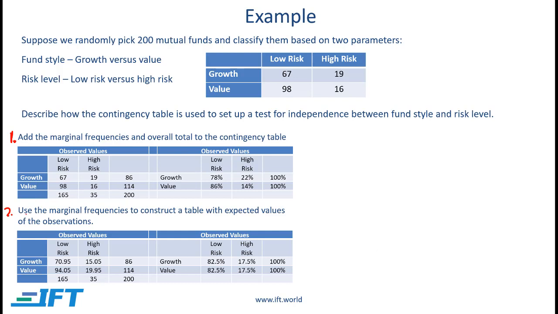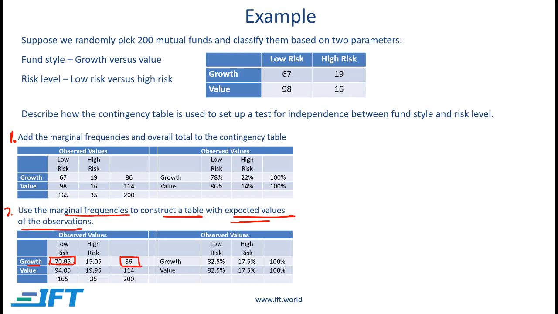The second step is to use marginal frequencies to construct a table with expected values of the observations. And here I'll show you how to come up with these expected values. Let's say we want this expected value, which corresponds to growth and low risk. To come up with the expected values, we need to multiply the two marginal values.